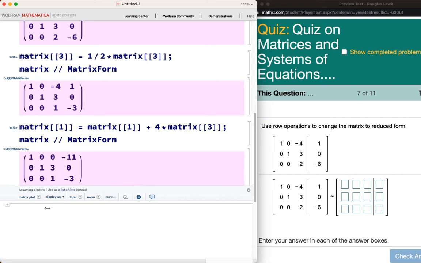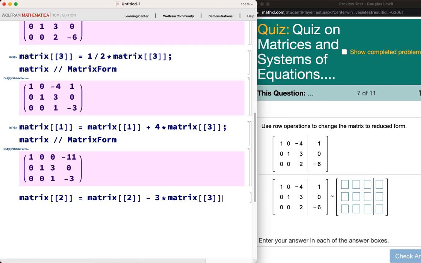So that's really important. I'm changing the second row by taking the second row minus 3 times the third row. And why am I doing that? Because 3 minus 3 times 1 is 0. Matrix form.